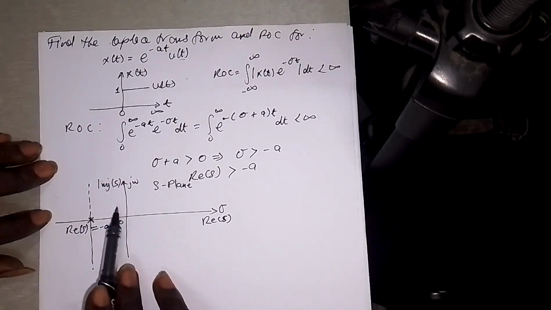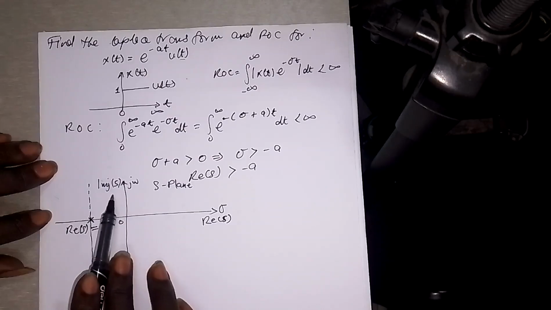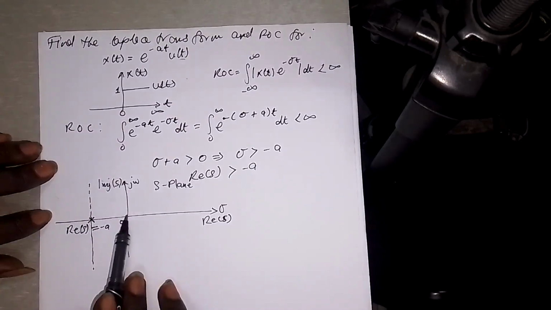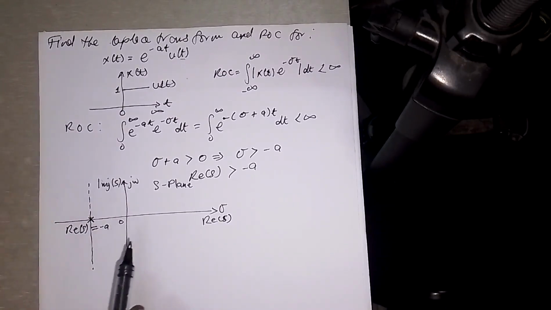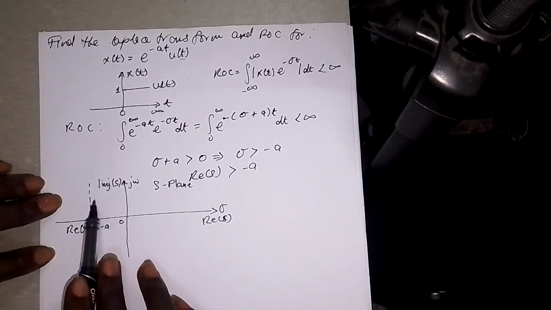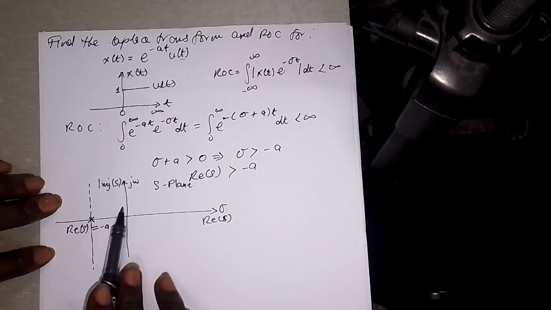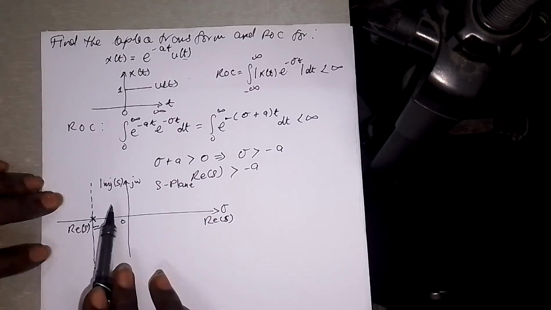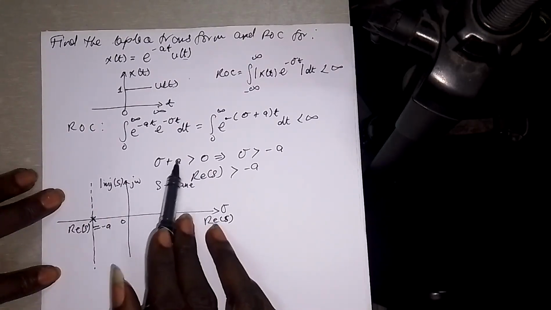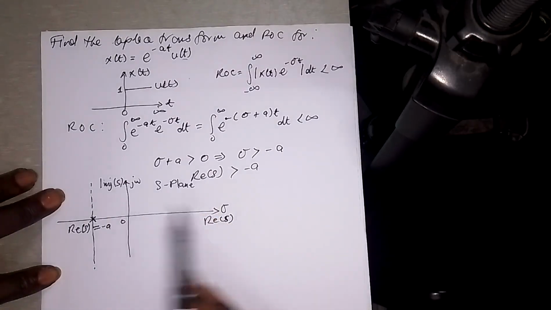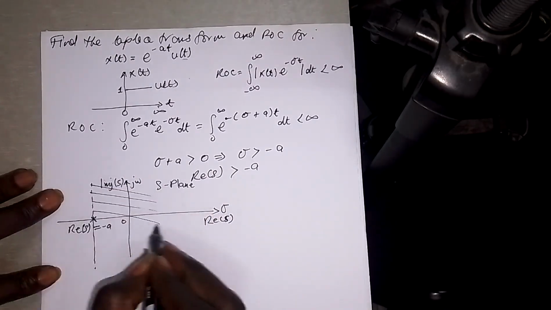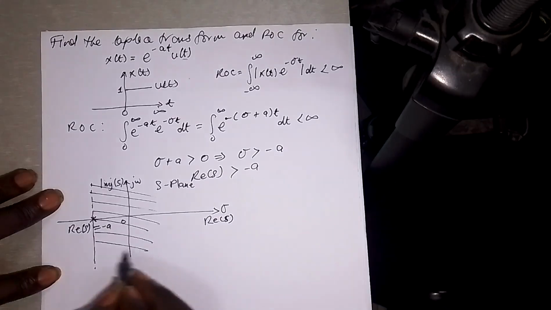So the minus a I get should be greater than 0, even though here and here is not greater than 0. What happens is that because my real of s is in the negative, this whole area has to be assumed to be greater than 0, so that I can have sigma plus a greater than 0, as this one says. So this is going to be the direction for my plane.